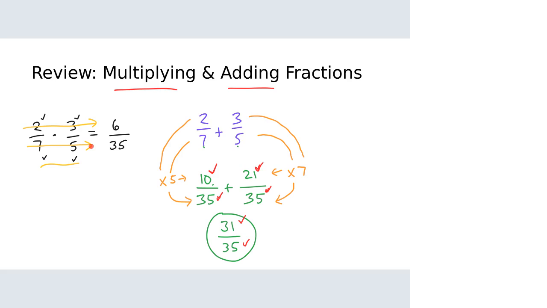When we add fractions, we first have to make sure that we have a common denominator. If we don't have a common denominator, then we need to change our fractions. We need to create equivalent fractions to the originals, but now they have the same denominator, so we can add them. When we add them, we add the numerators together, and the denominator just stays the same.